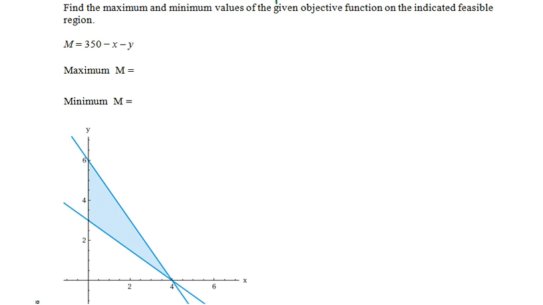So looking at this example, we have the vertices of the feasible region as (0, 3), (0, 6), and (4, 0). We use these values to calculate the maximum and minimum of the function m.